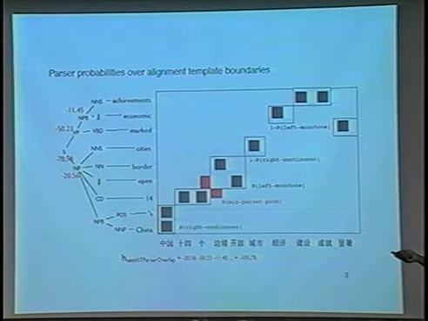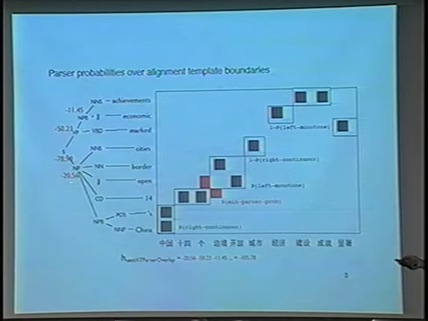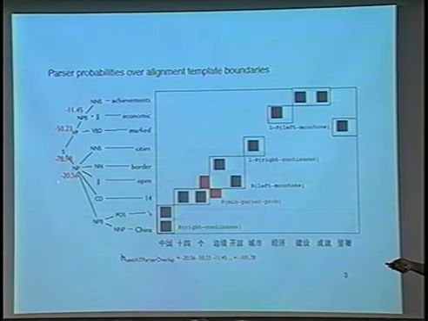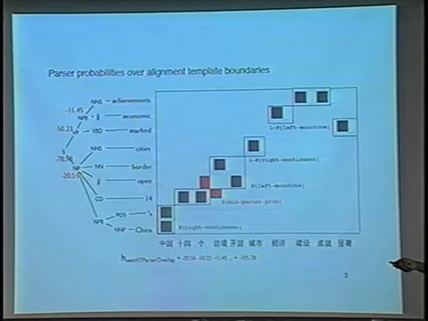So this is a very simple model. All it does, it checks at this point how many constituents span across this boundary. And it picks a minimum probability that spans across this boundary. So in this case, the minimum parser probability here is this probability for the NP, and so on and so forth.